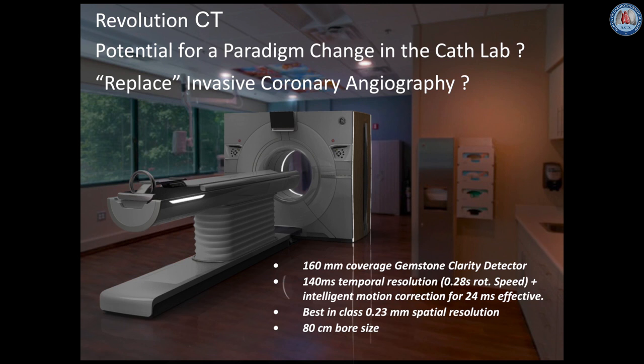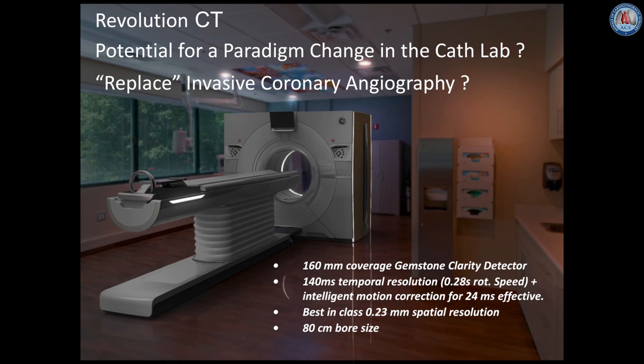Because it's one of the best performing multi-slice CT scans with very large detectors of 160 millimeter. You can catch the whole heart in one step. There is no stitching procedure with part 1 and part 2 of the heart. The whole heart is captured in one go.